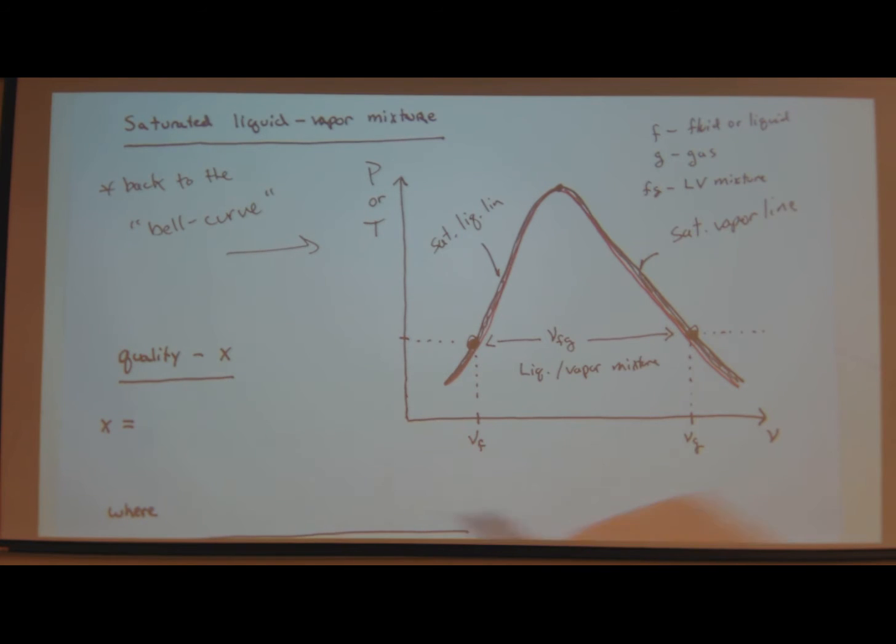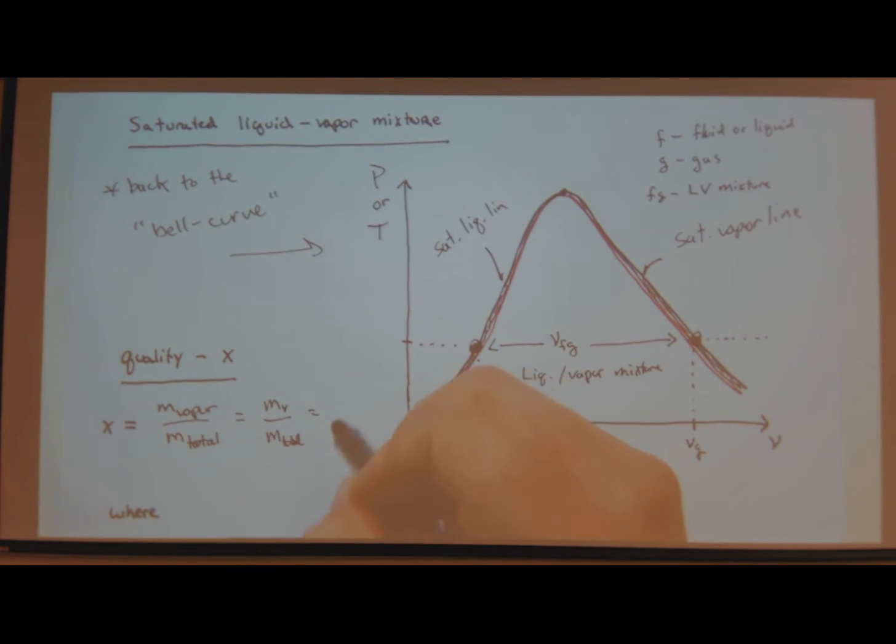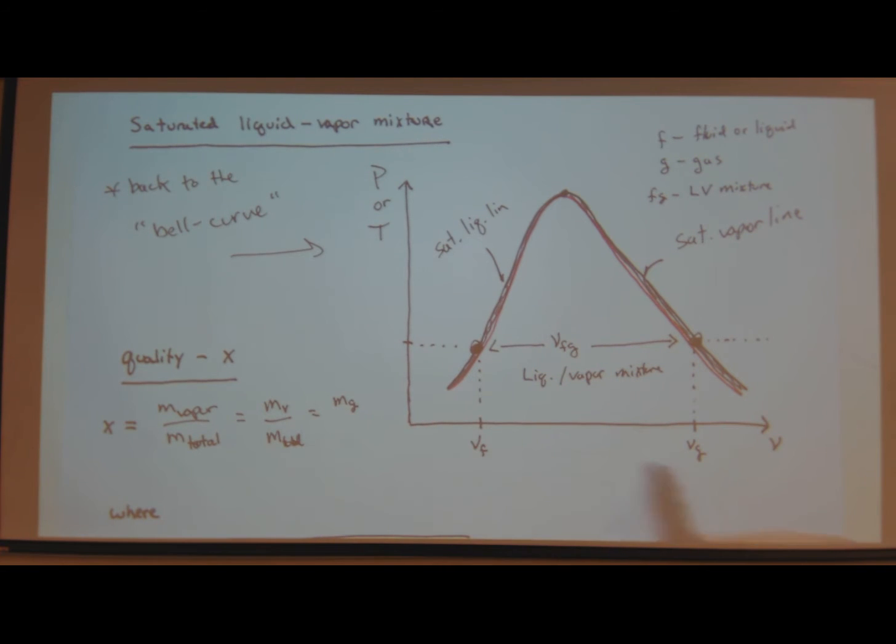We introduced this idea of a quality factor, x, or quality. x typically is expressed in regards to the mass of vapor relative to the total mass. So I could say mass vapor over mass total, or mass of the gas, with g following the same subscripts as over here, over mass total.